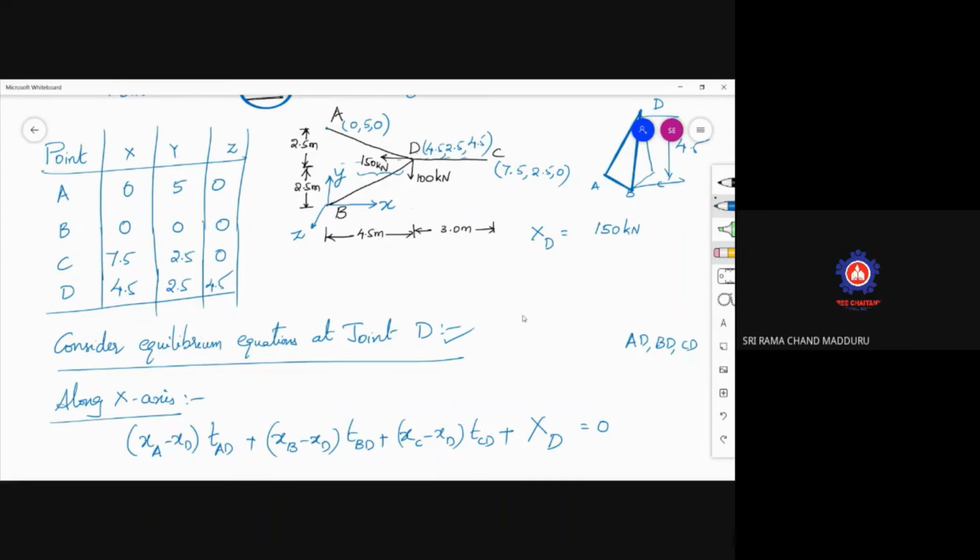You assumed your positive x-axis in this direction, but the point load is acting opposite to it. So for your assumption, it is opposite. So keep it as minus 150. Similarly, YD at D, along y direction, 100 kilonewtons load is there, but it is opposite to the assumed direction, minus 100 kilonewtons.